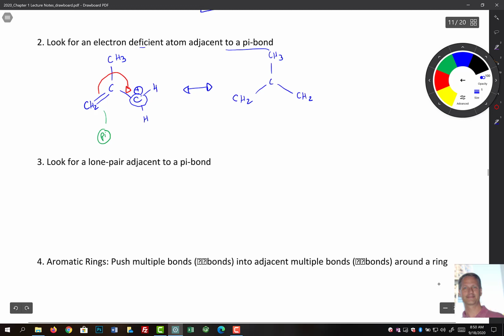Remember, the skeleton can't change, so we're stuck with this. We're putting that double bond over here, and that leaves behind a positive charge on the other atom. Now, these are both the same energy. They both have incomplete octets. There's not one that's better. So we're just going to say these have the same energy.